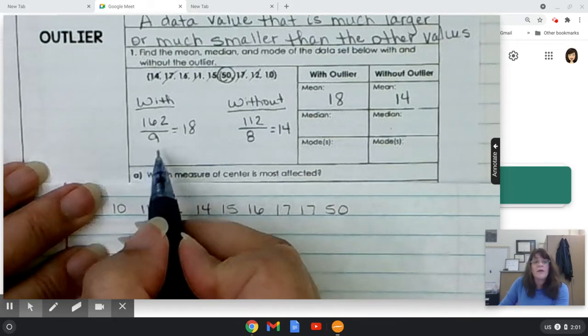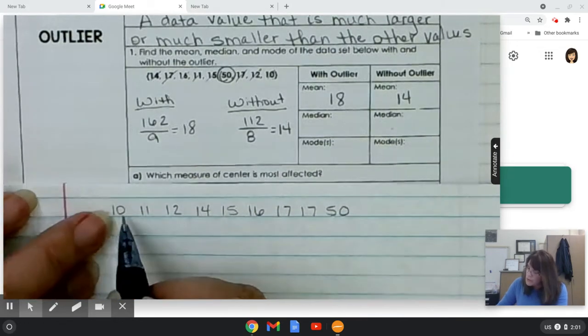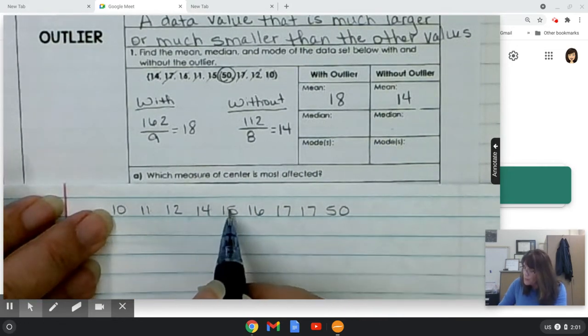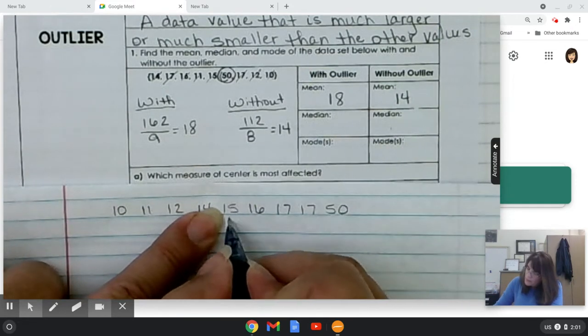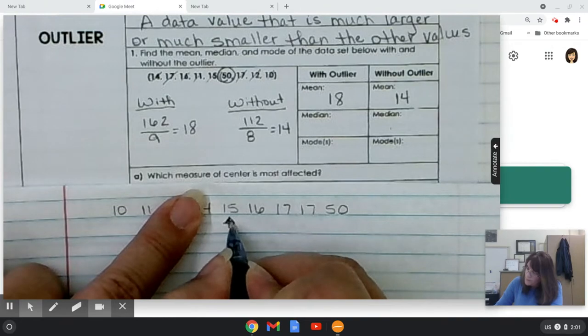And we know that there are 9 pieces of data. So I'm just going to look at the middle. 1, 2, 3, 4, 5. There's the middle of the data.